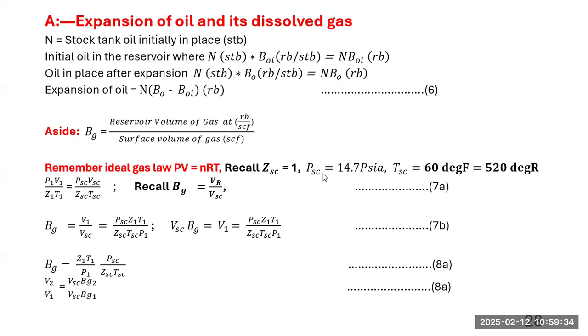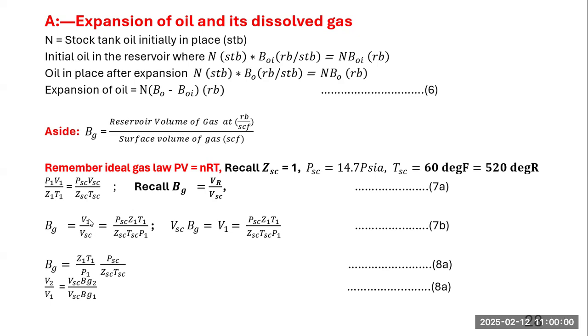Your Psc is the pressure at standard condition, and your temperature at standard condition is 520 degrees Rankine. Then P1V1 over Z1T1 equals Vsc, Psc over Zsc Tsc. If you go through this, you remember your Bg is your Vr over Vsc.